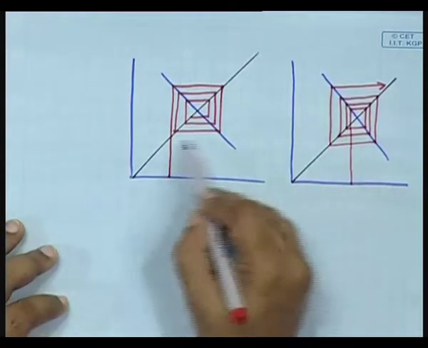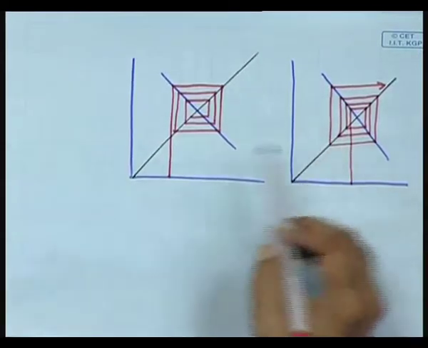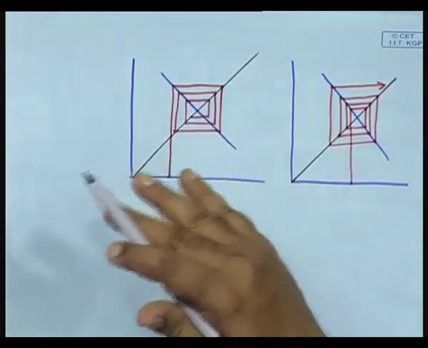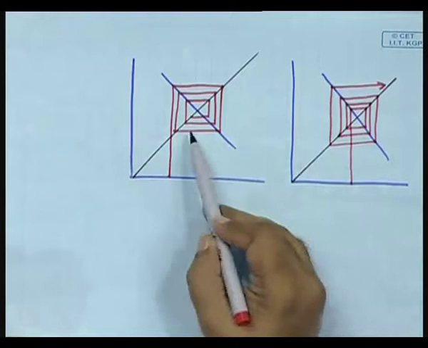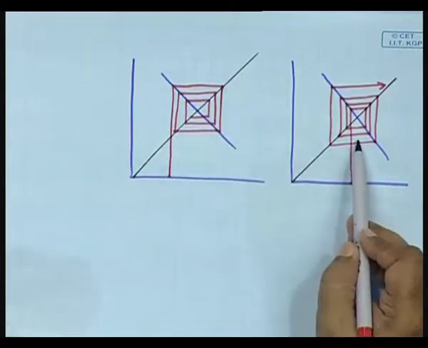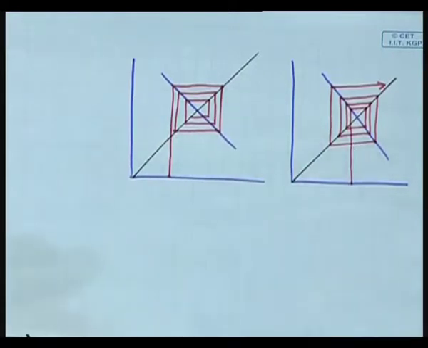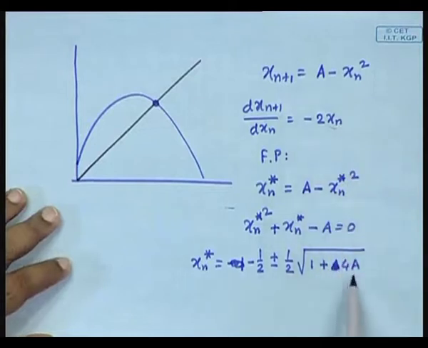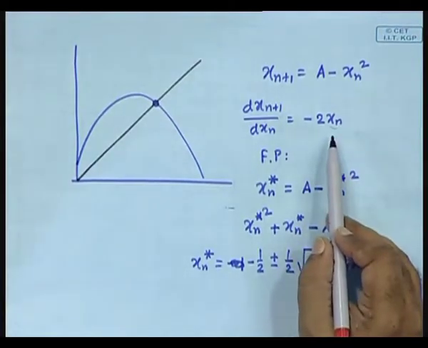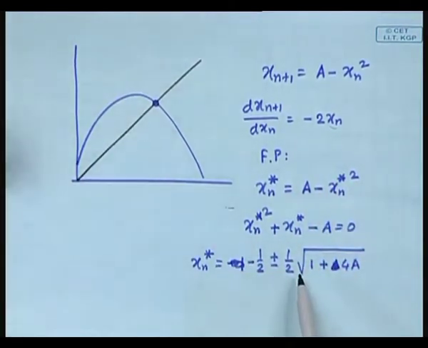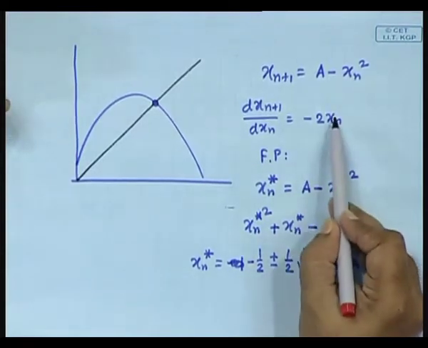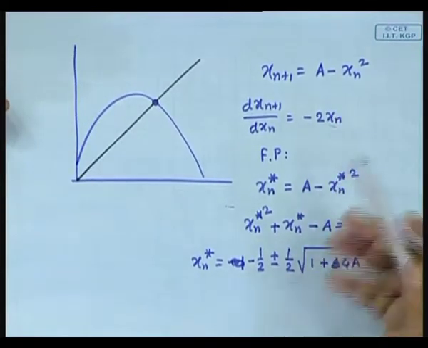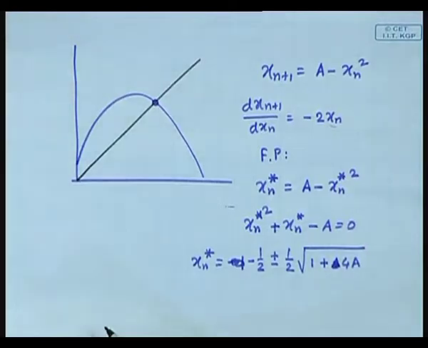So, the limiting condition is exactly minus 1. So long as it has a slope less than minus 1, then it will be stable. If it becomes a slope greater than minus 1, it will become unstable. Good. So, in this case, at a specific value of a, it becomes unstable. Below that, it will be stable. So long as this magnitude is less than minus 1, it will be stable, or after that it will become unstable.